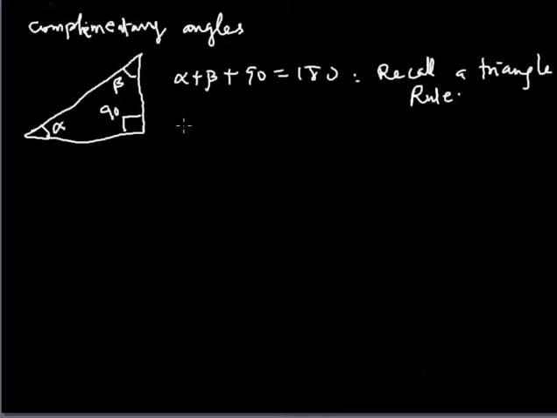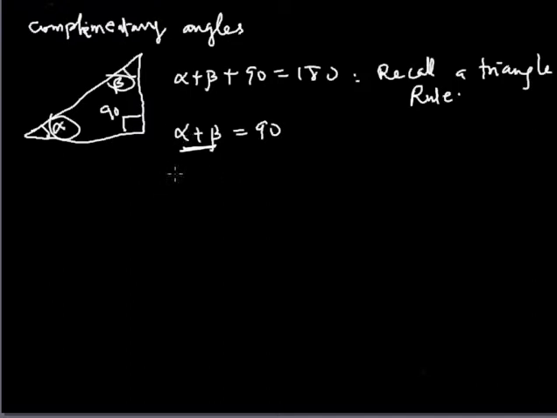Now, to further take a step beyond this, we will now say that alpha plus beta is equals to 90. That means this angle plus this angle is equals to 90 degrees. And this shows that these two angles are complementary angles to 90.